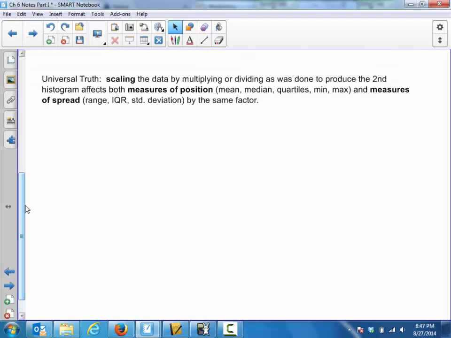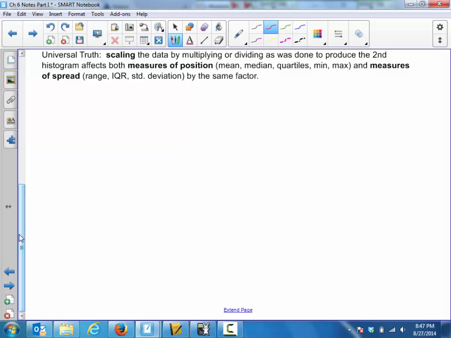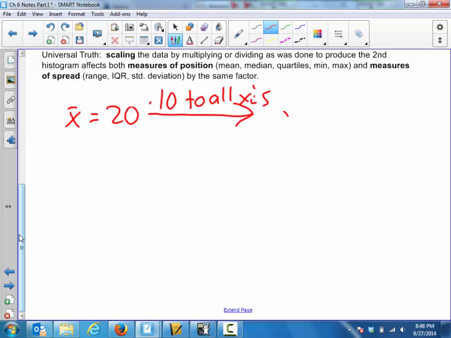Okay, again, like I did last slide, I'm going to write this out in a slightly formalized way so you can have this in your notes, and I think it'll help when we hit the z-score piece. So we talked about those 6 statistics up here being changed. If we've got, for instance, like we did last slide, x bar equaling 20, and we multiply all the data values by 10, then x bar should go up to 200.